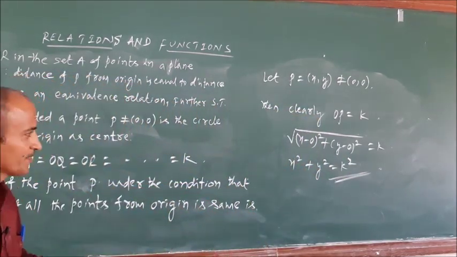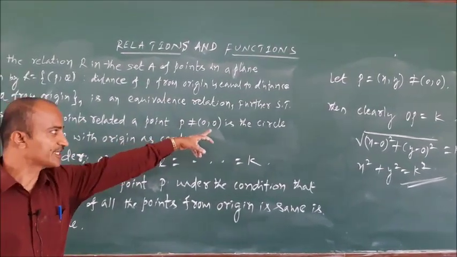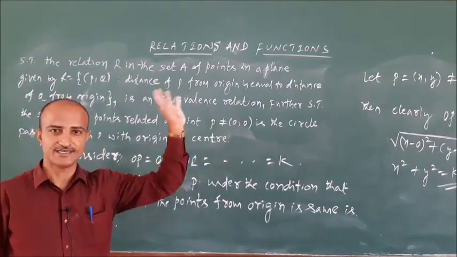Thus we have proved that the set of all points related to a point P not equal to (0, 0) is the circle passing through P with origin as center.